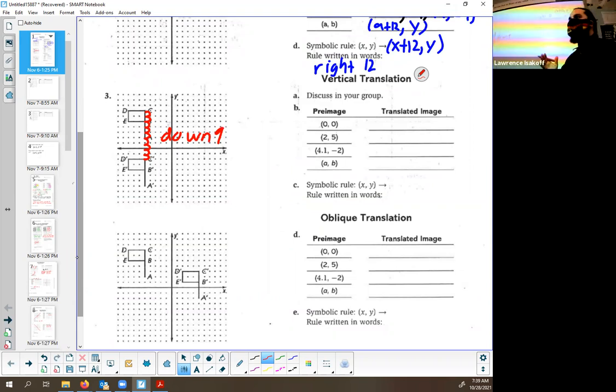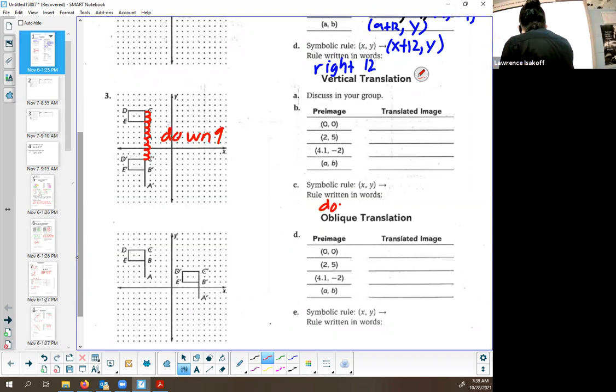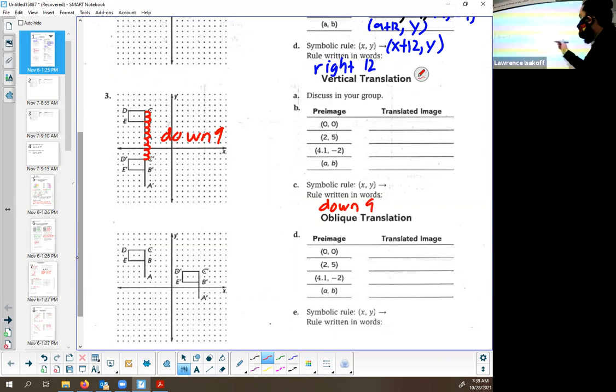If I'm going down 9 units, again, that's a rule written in words. What do you think that rule's going to be? X minus 9 or Y minus 9? Y minus 9, perfect. So it's going to be X, comma, Y minus 9.